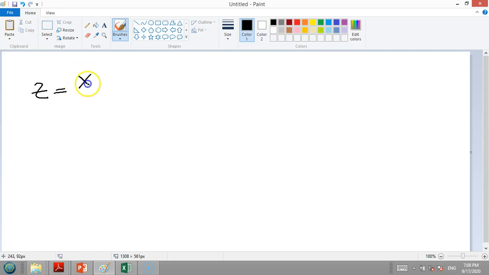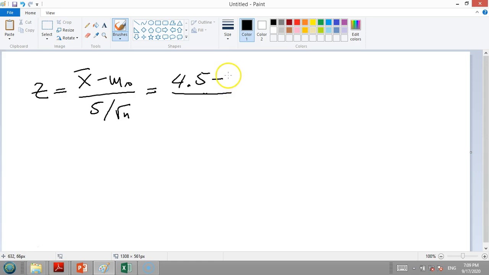So that's x bar minus mu naught over s over square root of n. It's 4.5 minus 3.5 here, over 1.52, and that's square root of 6. Okay, I'll just leave a square root of 6.